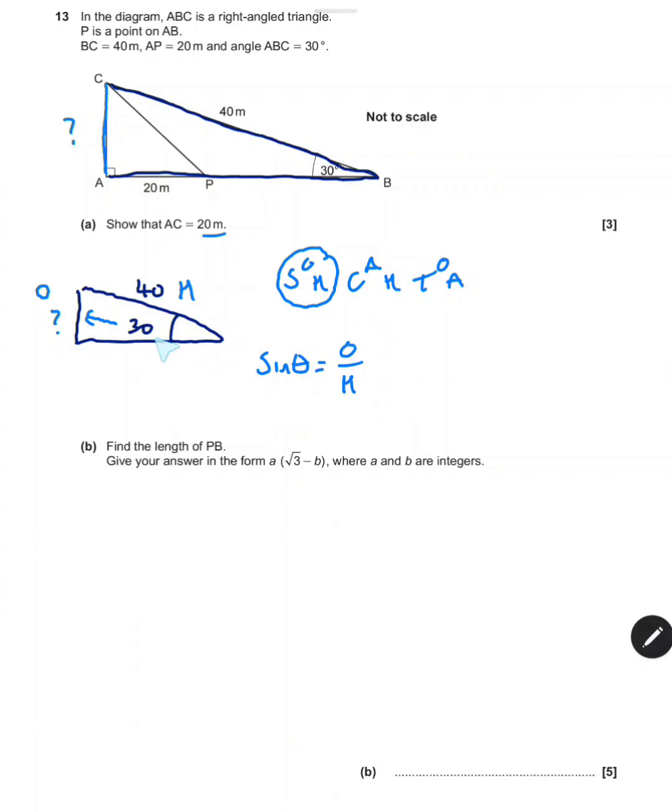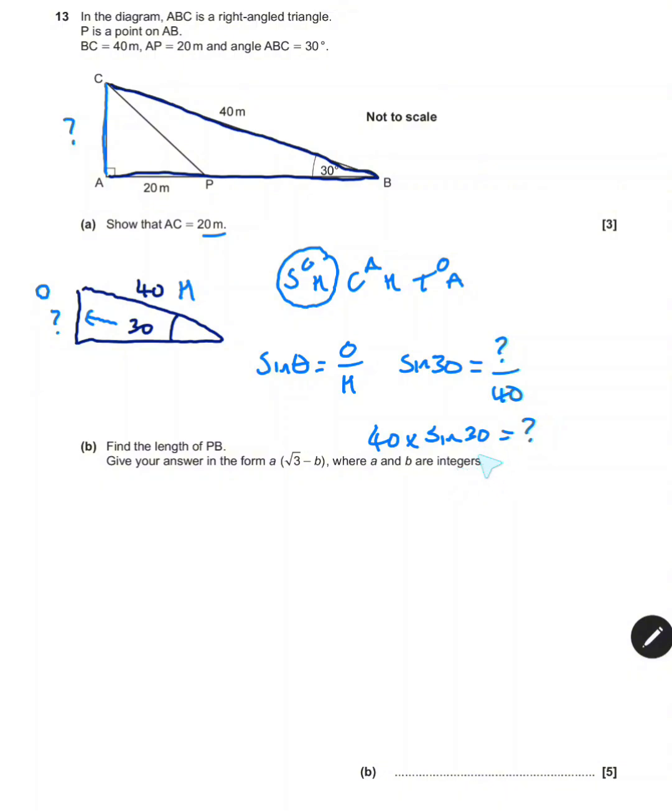Just substituting in, remember theta is your angle. We're going to write sine 30 equals, the opposite is what we're looking for, over the hypotenuse, which is 40. Now we've got divide by 40 here, so what I'm going to do is times both sides by 40, and you get 40 times the sine of 30 is our question mark.